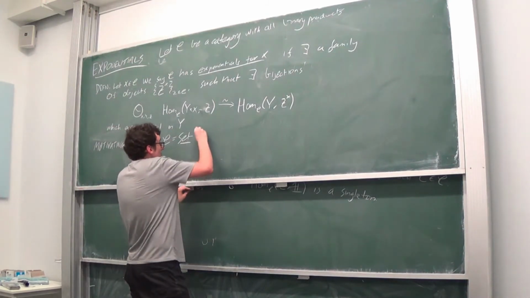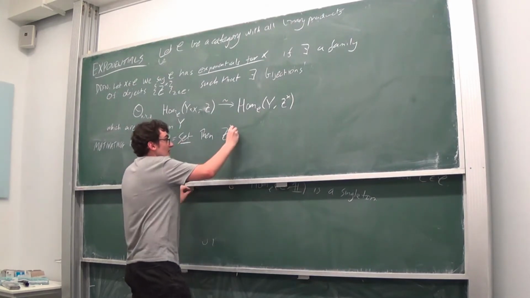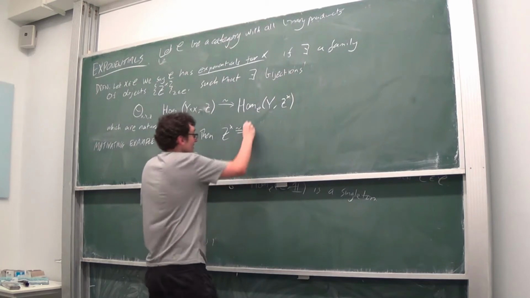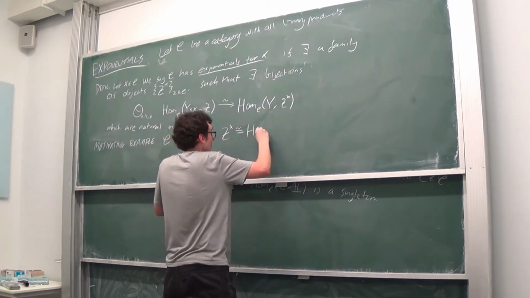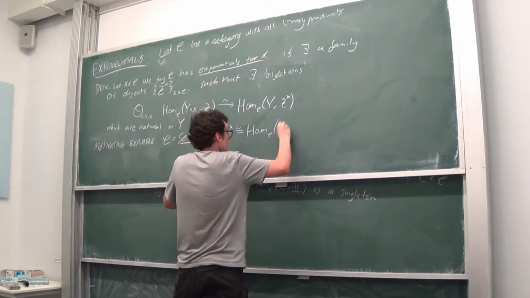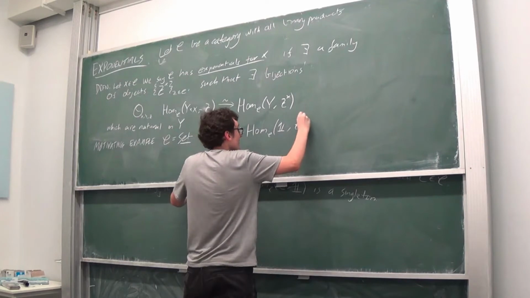So what is the set Z to the X? Well, just by properties of the category of sets, this is in bijection with morphisms out of the terminal object into Z to the X.